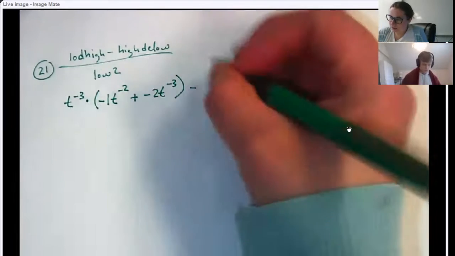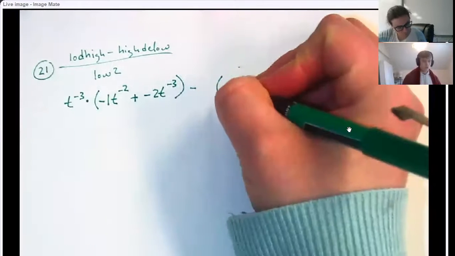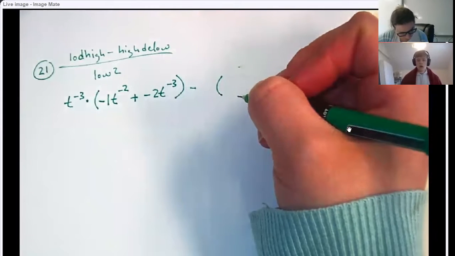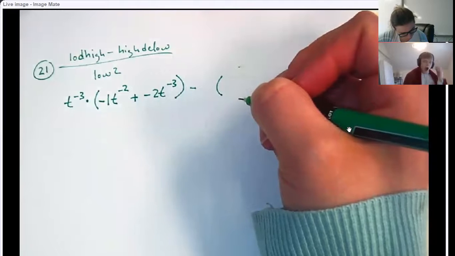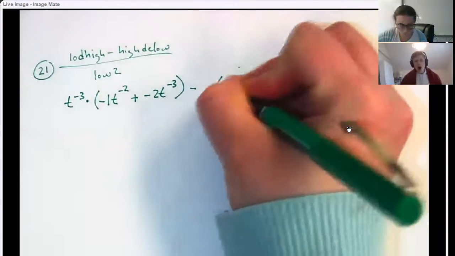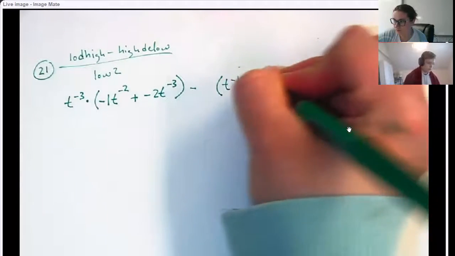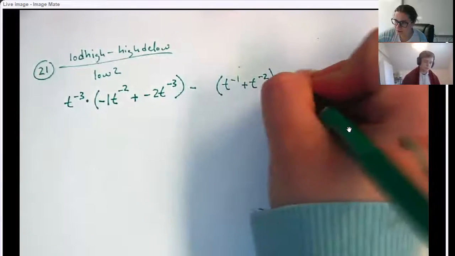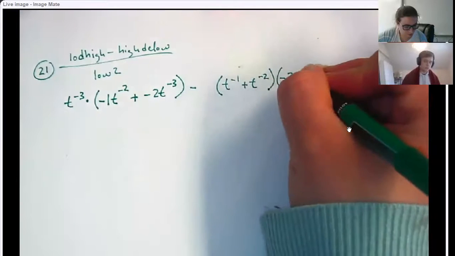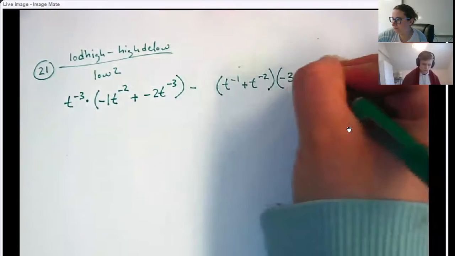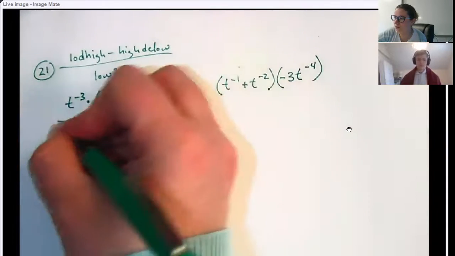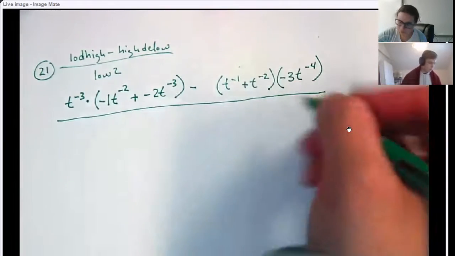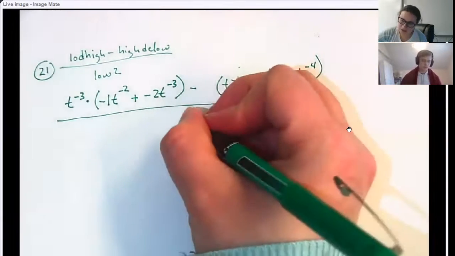Minus high, which is t to the negative 1 plus t to the negative 2, d low, which is negative 3 t to the negative 4, right? Yeah. All over low squared, which would be what, t to the 9th?